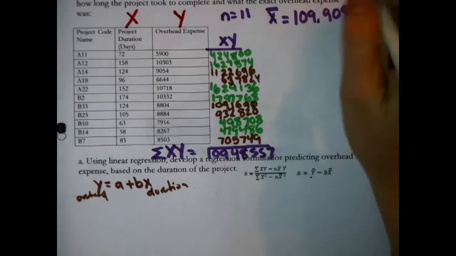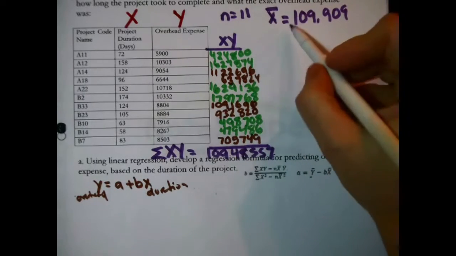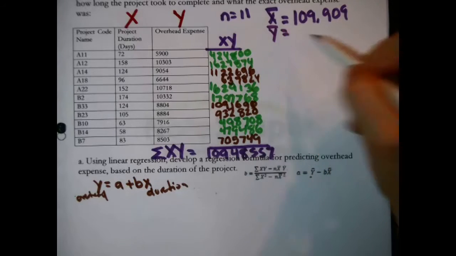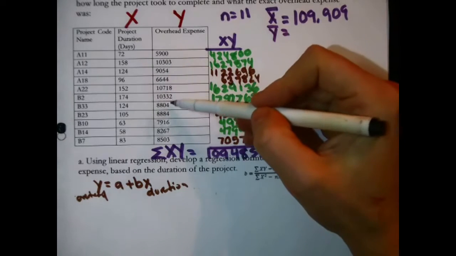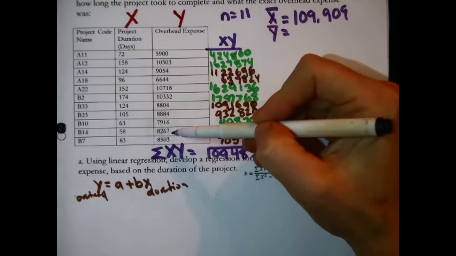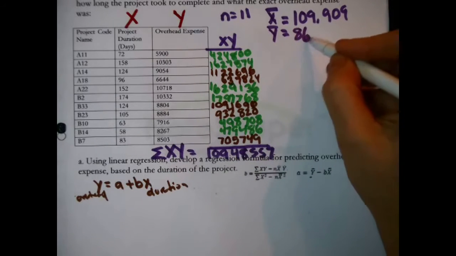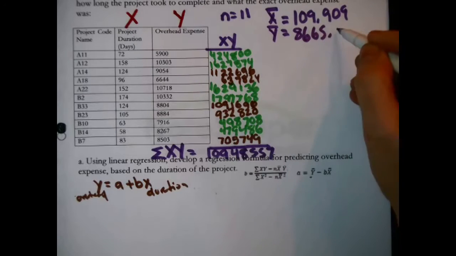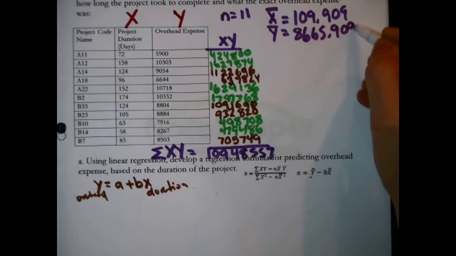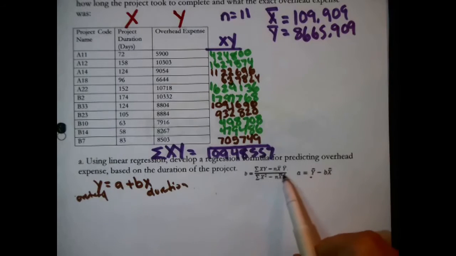The average overhead expense in the data, I get 8,665.909. Now, do we have everything we need to actually calculate this regression line? No.